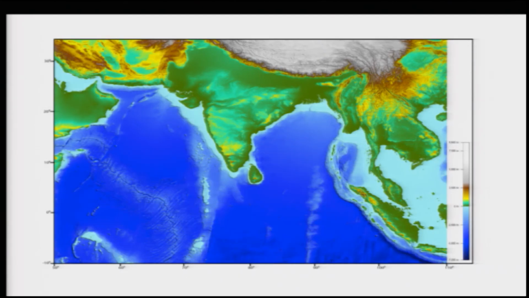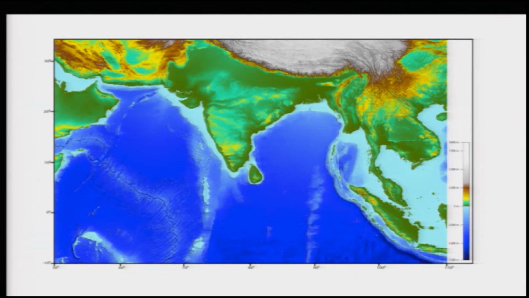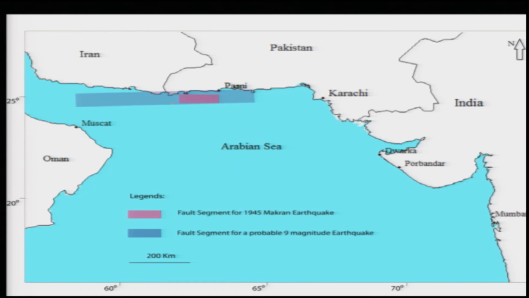So this was the scenario, and the energy of the tsunami was much higher than expected. Now coming to this part, what we did was also from the Gujarat area, and we did some simulations based on the information we gathered from the Makran subduction zone, and what the effect was here.